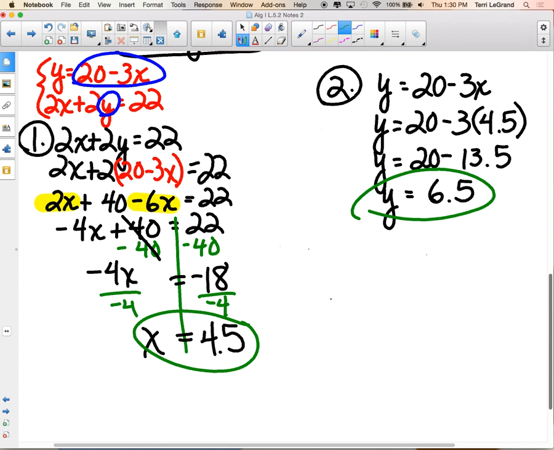Lest you think we can't have a half of a CD or half of a DVD, think again, because we're not trying to figure out the number of them, we're trying to figure out the cost of them.